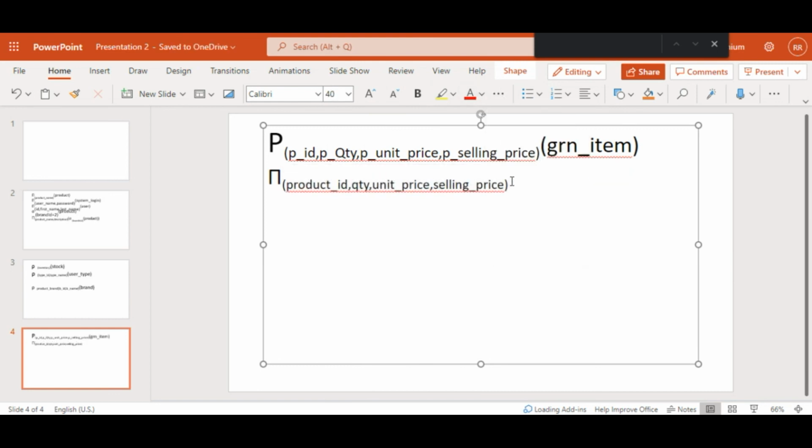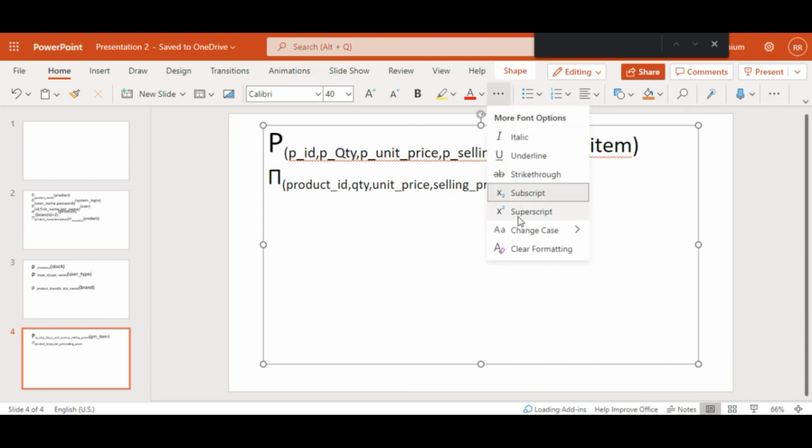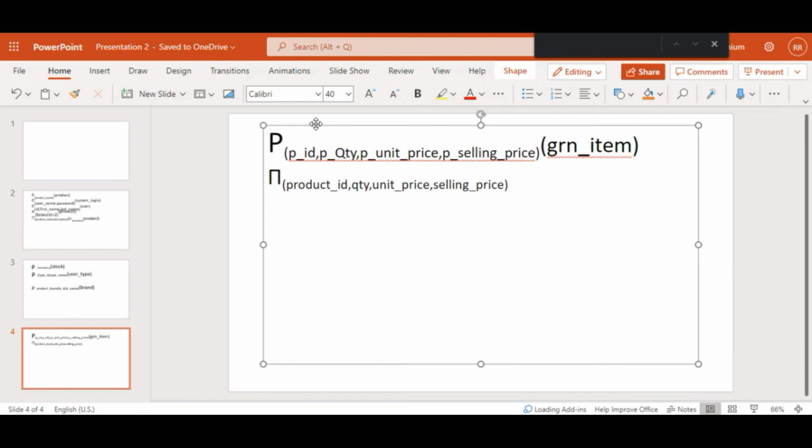And after that, now we have to mention the table name. For that we can use this operator, this operation. This would basically represent the table name, and it is also doing the renaming process.